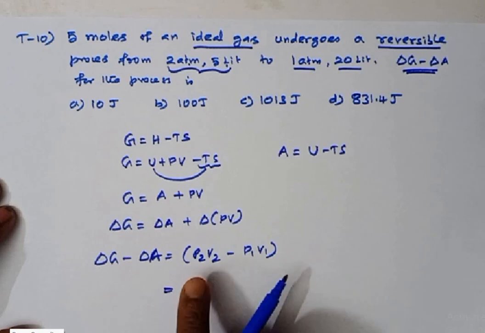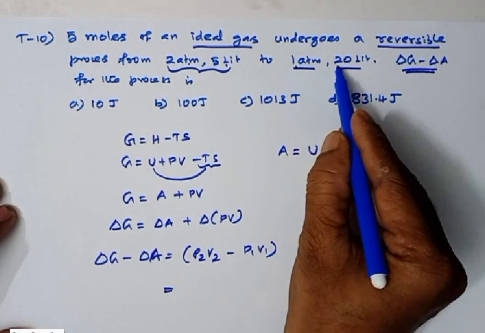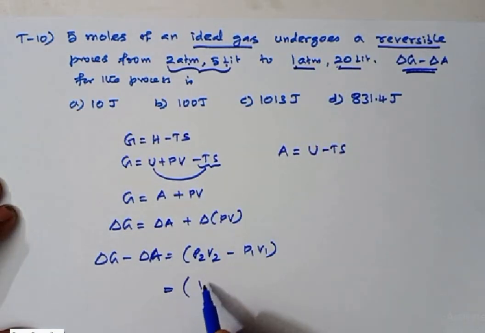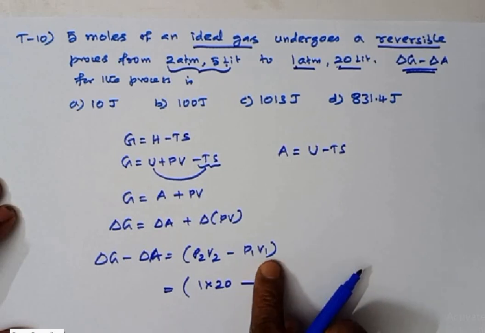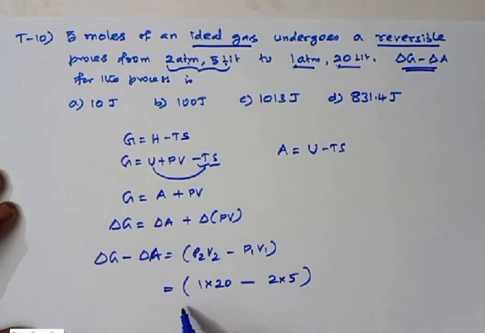What is the final pressure and final volume? Final pressure is 1 atmosphere. Final volume is 20 liters. If I multiply these two, I will get 20. 1 into 20, minus initial pressure, initial volume. Initial pressure is 2 atmospheres and initial volume is 5 liters. So, what we get is 20 minus 10, which is nothing but 10.